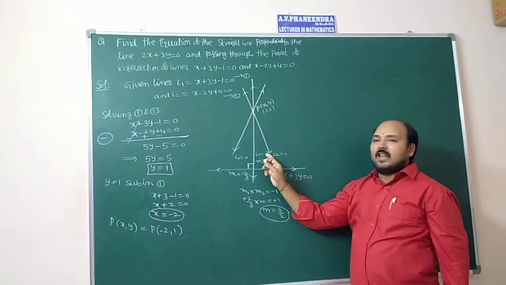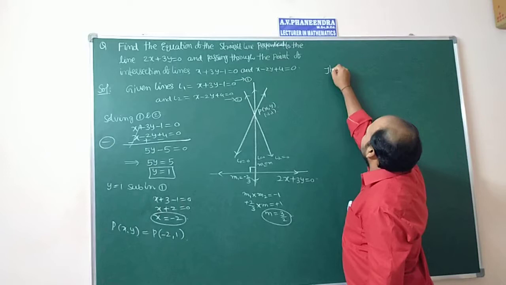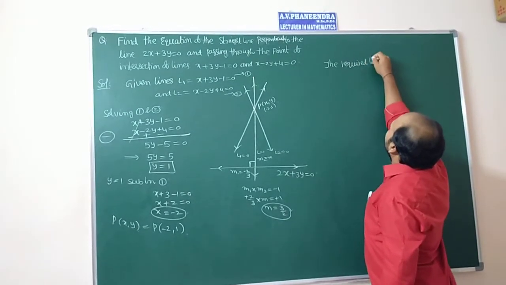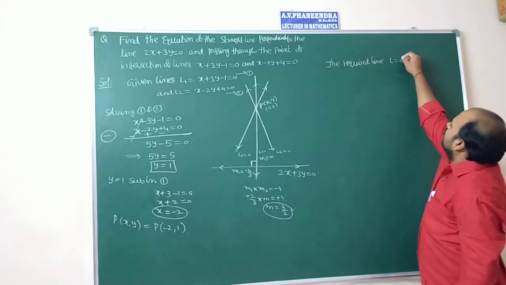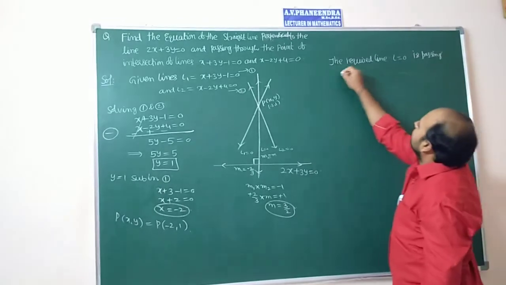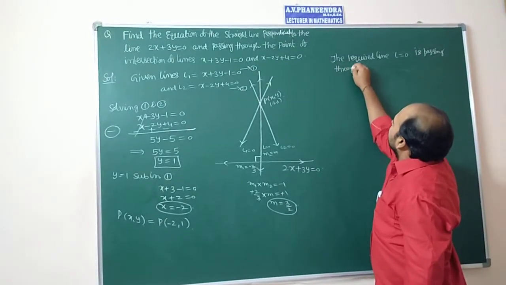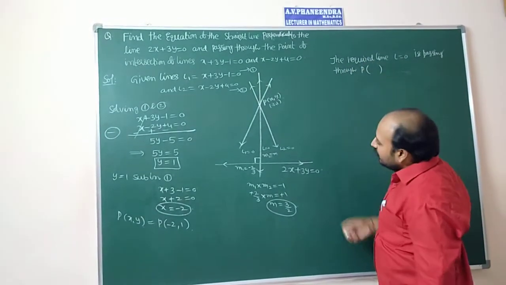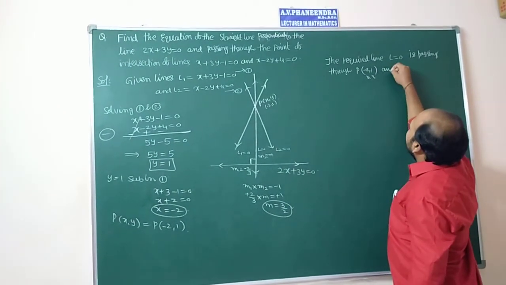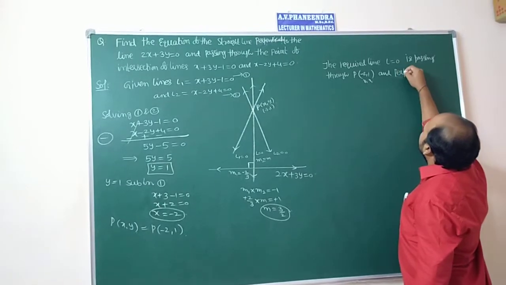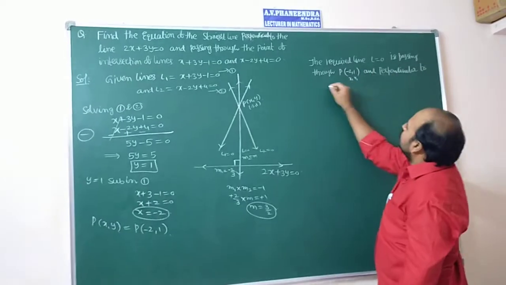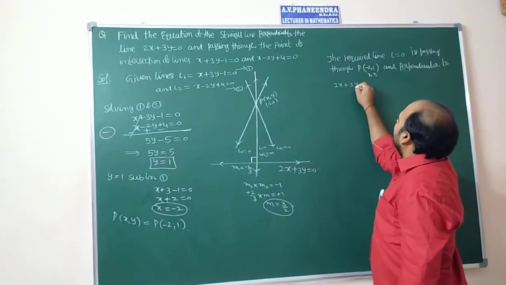Let the required line be L. The required line L equal to 0 is passing through P of minus 2 comma 1, which is x1 y1, and perpendicular to 2x plus 3y equal to 0.